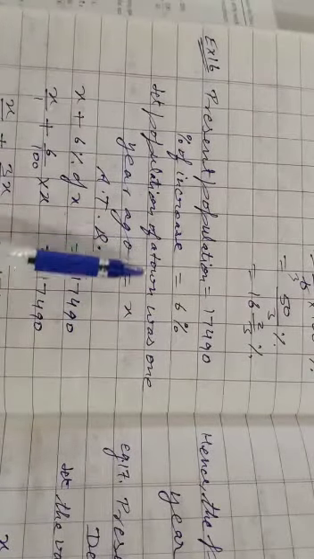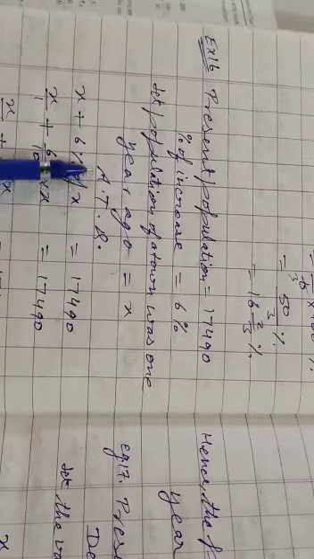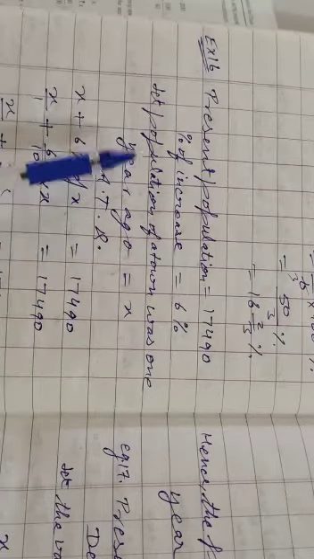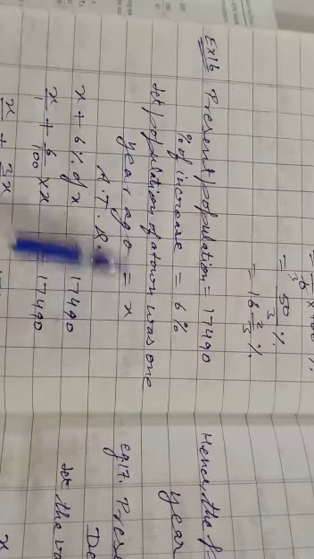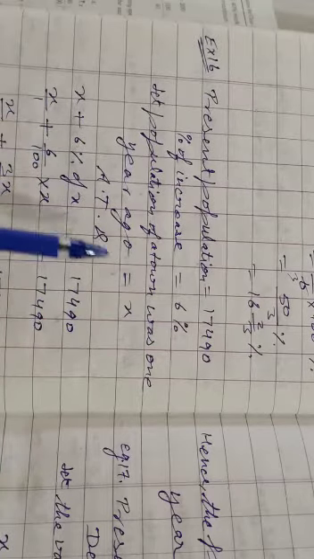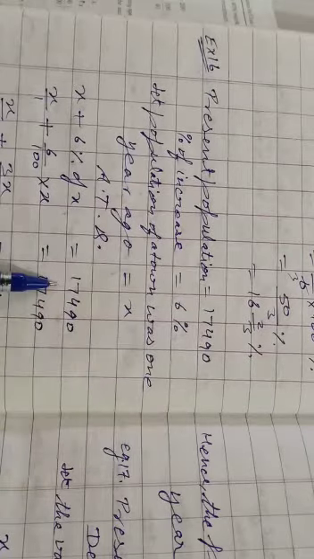Let the population of the town 1 year ago equal X. According to the question, this is the rate of increase of the population. So we write X plus 6% of X equal to 17,490.